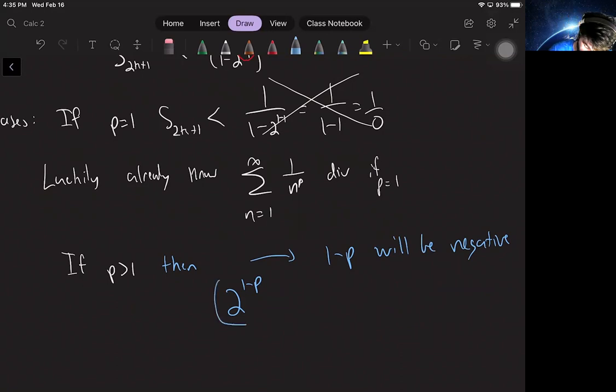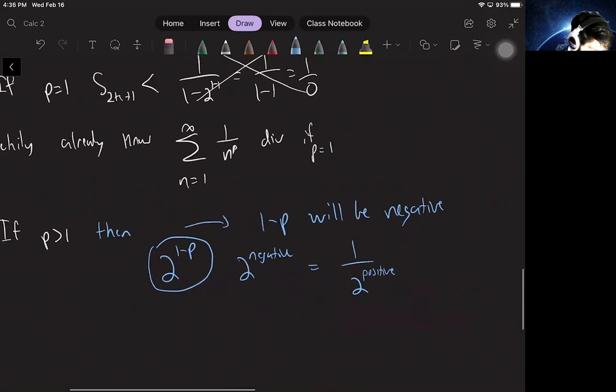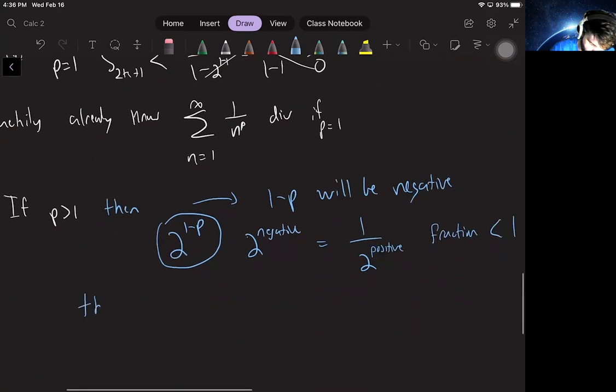And what happens if you have 2 to the negative power? Well, then it's going to be 1 over 2 to the same power. So the point is you're going to get some sort of fraction less than 1.